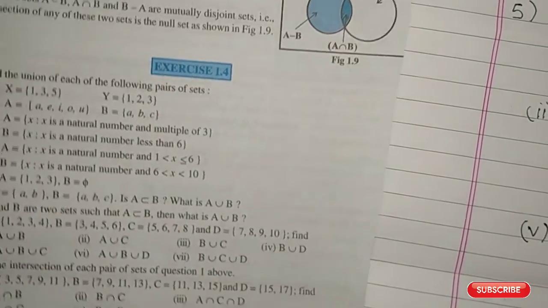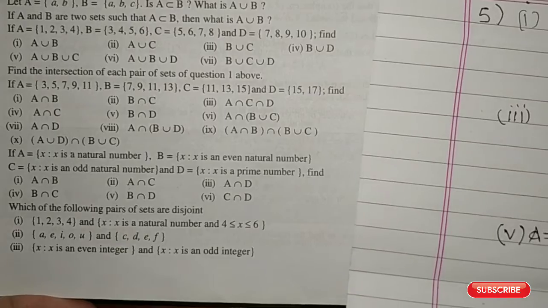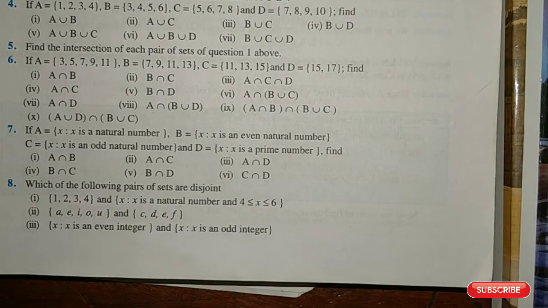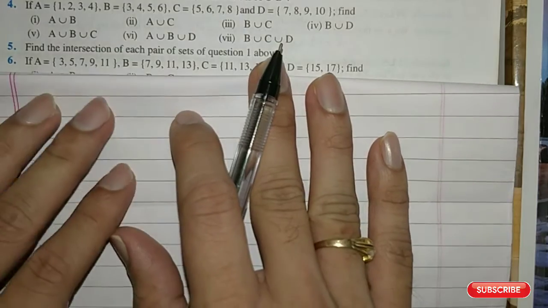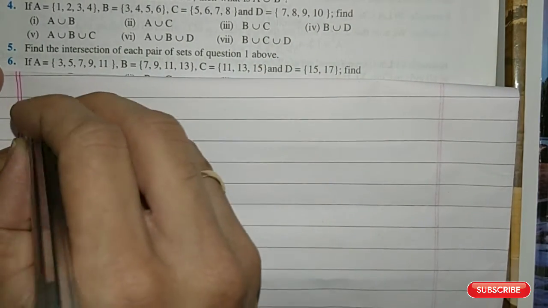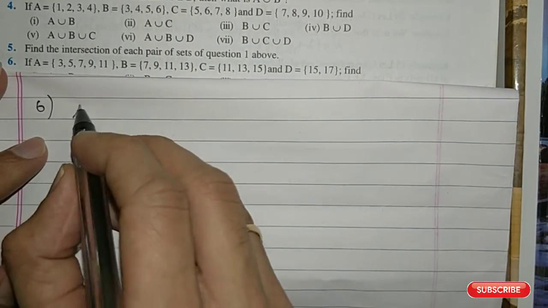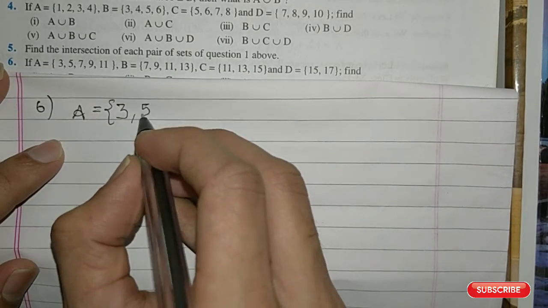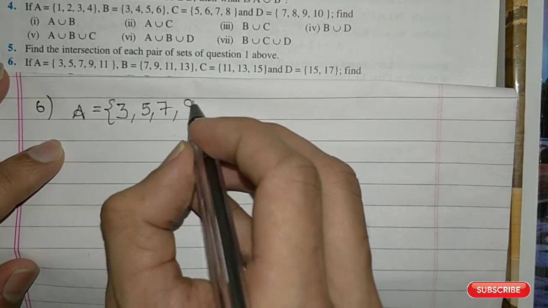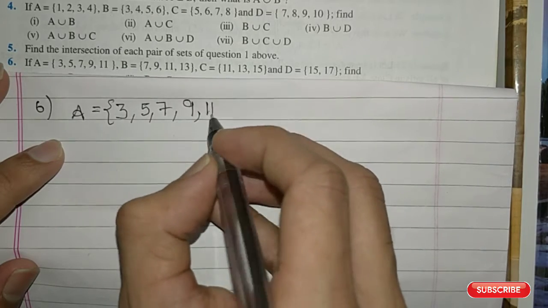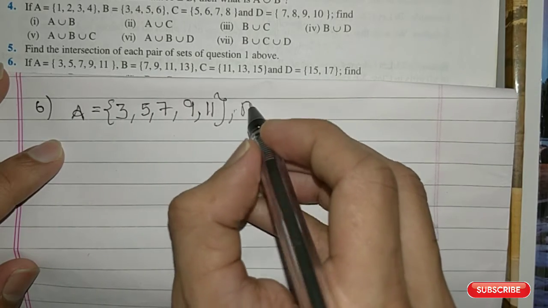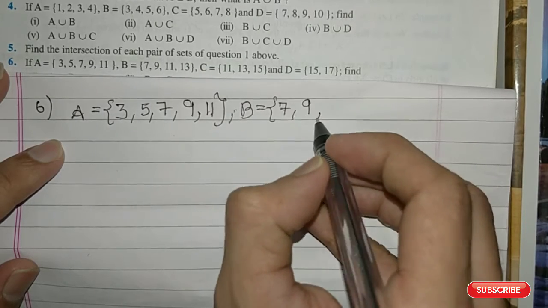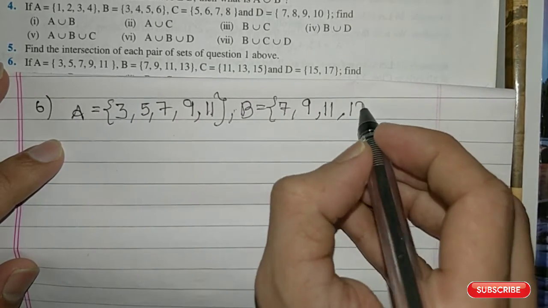Now let us go to the sixth problem. The sixth problem is, you are given the set A equal to 3, 5, 7, 9, 11, then set B equal to 7, 9, 11, 13.